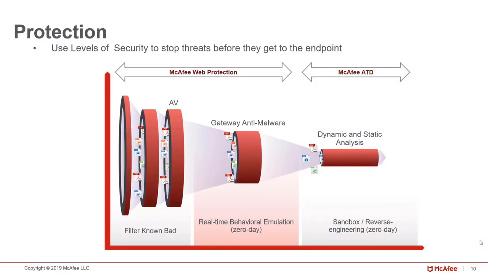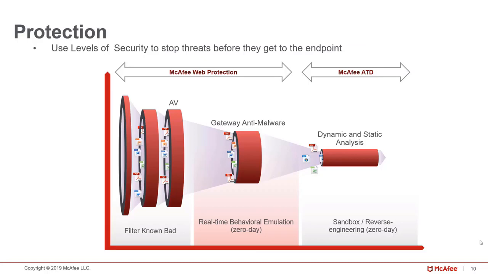So you want to take a strategy overall of working from your egress, your access to the internet, all the way down to your endpoints. If you look at this as a funnel sort of approach, let's do what you can do to block malicious traffic as it comes in through the web. There are going to be Word documents, PDFs, and executables that can be filtered out because they're known bad immediately.